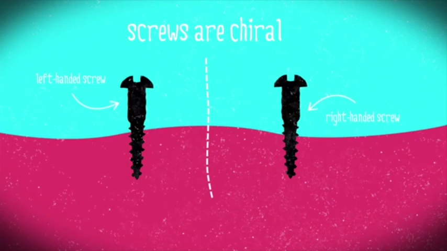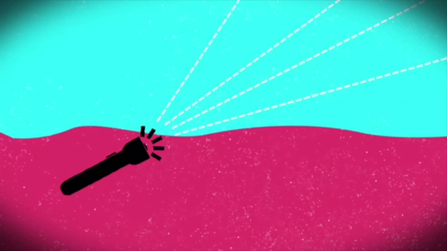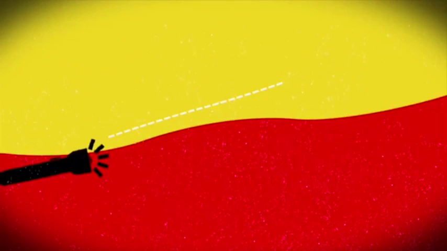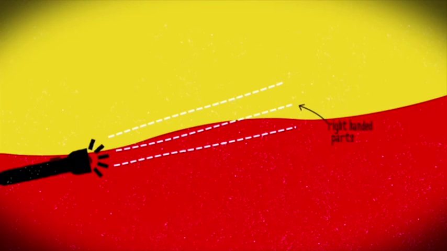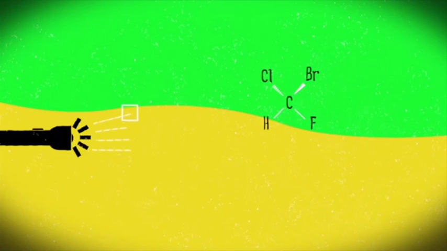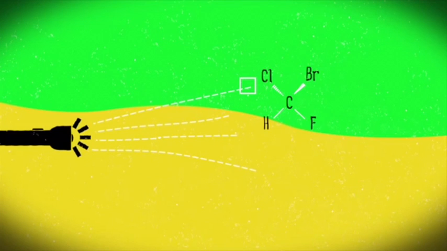And believe it or not, certain types of light can behave like chiral screws. Packed into every linear plane polarized beam of light are right-handed and left-handed parts that rotate together to produce plane polarization. Chiral molecules placed in a beam of such light interact differently with the two chiral components.